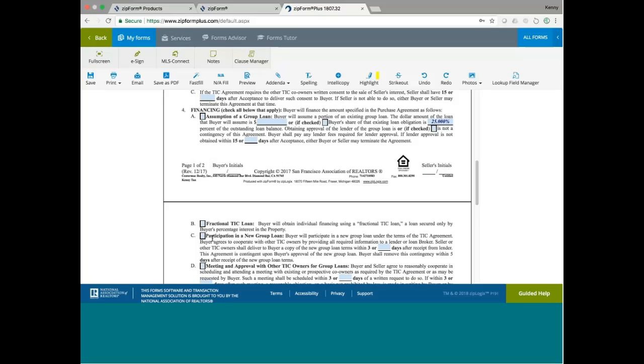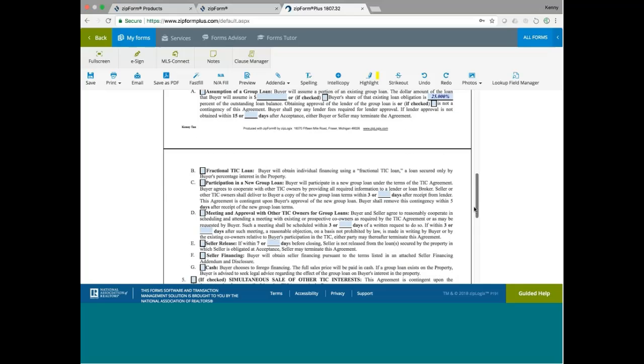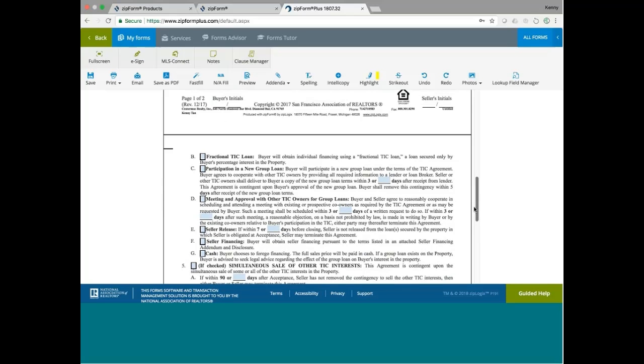Participation in the new group loan. You know, sometimes the TIC agreement may say that if somebody wants to sell their interest, all the TICs would have to get a new loan. If that's the case, option C is what you are going to check. D, meeting and approval with other TIC groups for group loans.